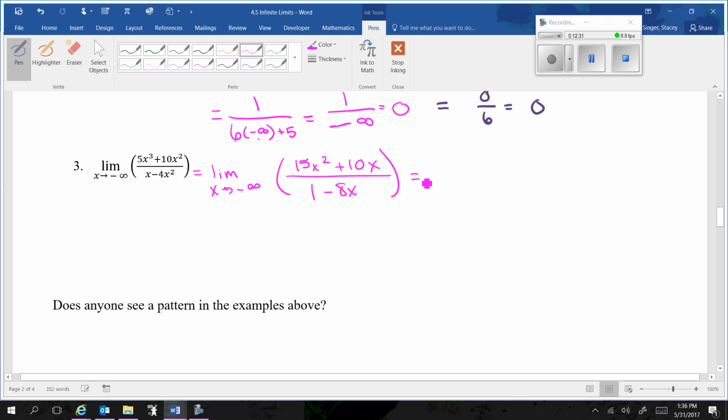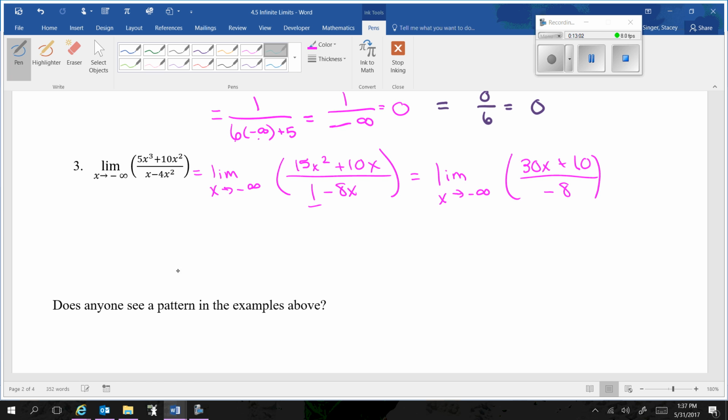So we'll try something else. Take the derivative again. So the limit as x approaches negative infinity of 30x plus 10 divided by, well, derivative of 1 is going to become 0, so I don't have to write that, but if you wanted to, you could. And derivative of negative 8x would just become negative 8. And again, if you want to keep on going, you can.